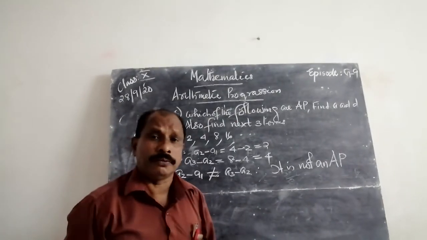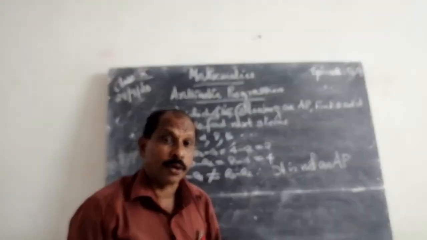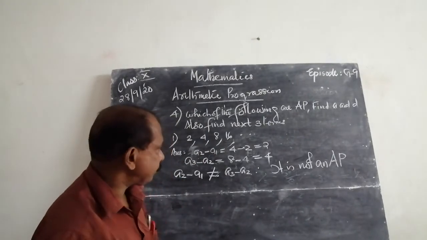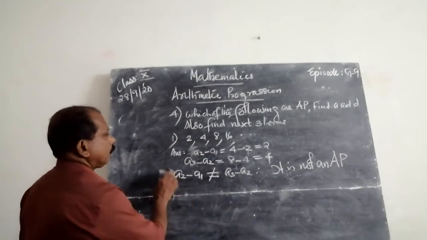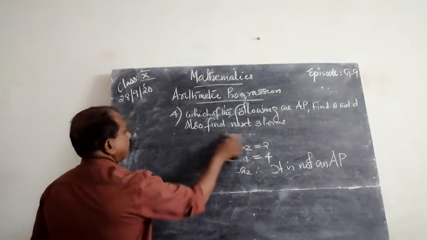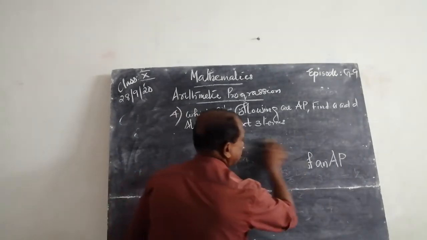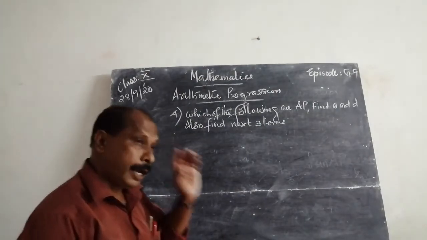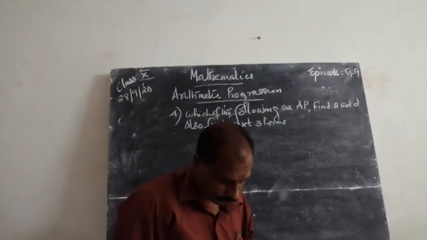A is a vowel, therefore before a vowel consider only "an", not "a". It is not an AP. Since it is not an AP, we cannot find the necessary terms. If it is an AP, we can find the necessary terms.